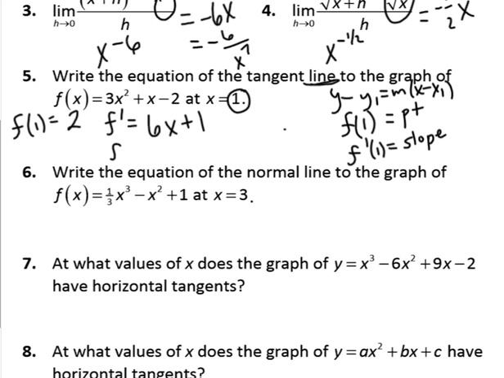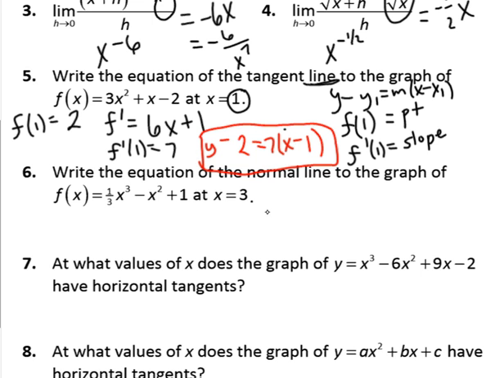Then I need to find f prime of 1, so that will be 6 plus 1, which is 7. Now you're not finished yet. You have to write the equation now, y minus y1. So the equation is y minus 2 equals 7 times x minus 1. You don't need to simplify. Leave it like this. Okay?